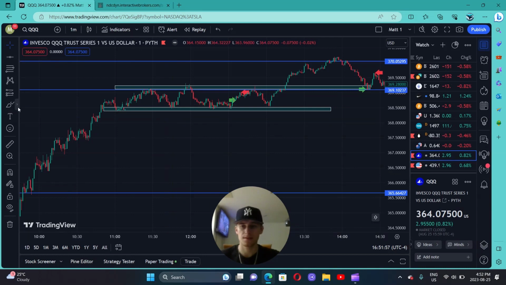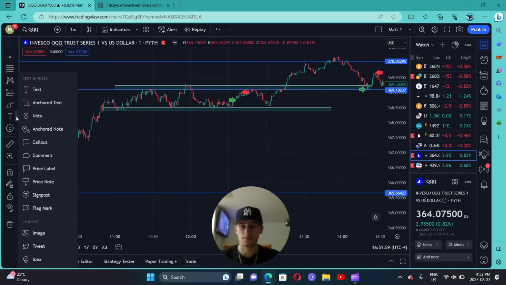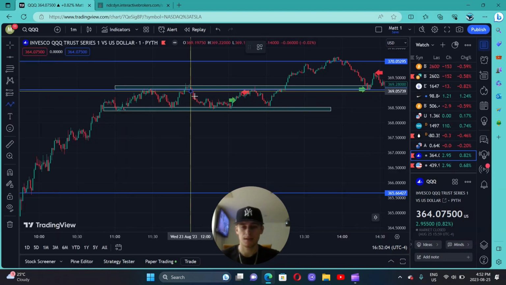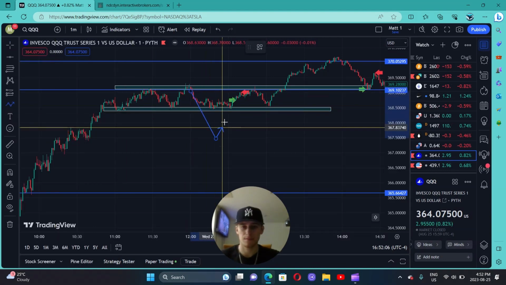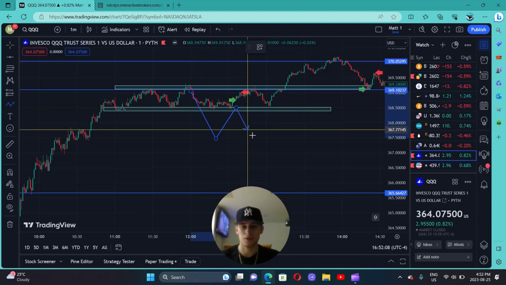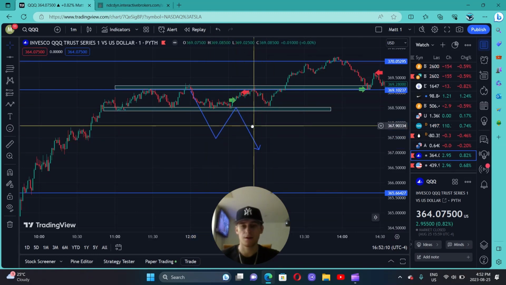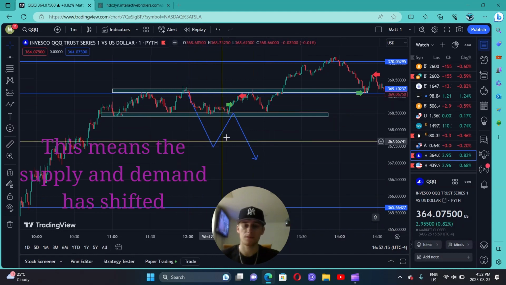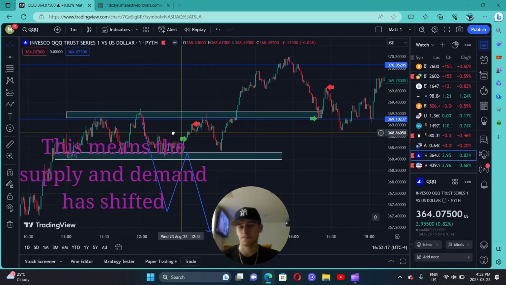So that old support level becomes resistance. So if we had something like this, sellers pushed it back down, buyers tried to push it back up, but the sellers regain control of that area.